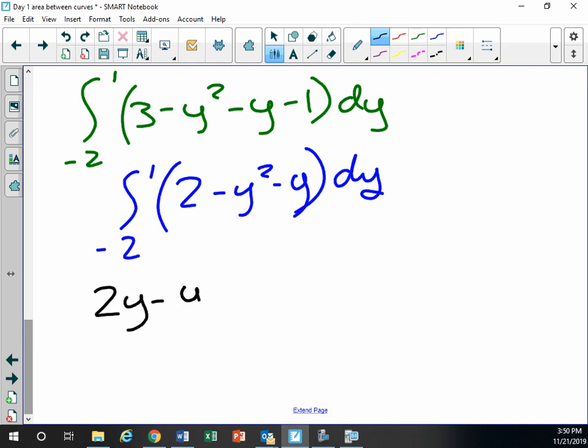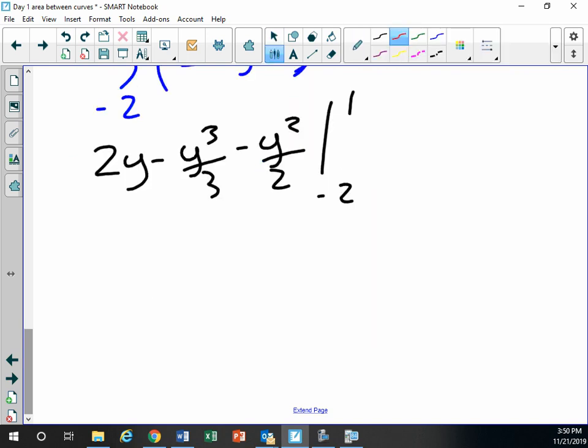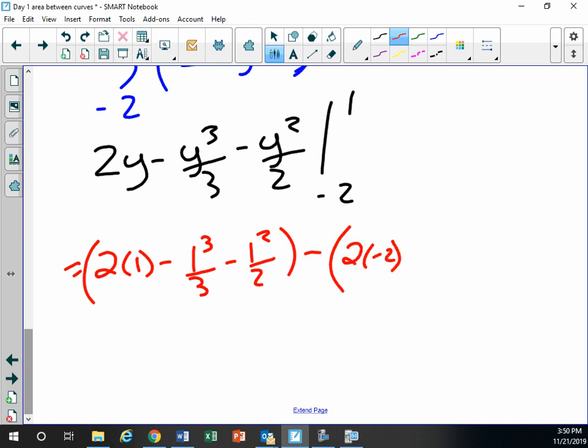That is 2y minus y cubed over 3 minus y squared over 2, evaluated from -2 to 1, which makes this 2 times 1 minus 1 cubed over 3 minus 1 squared over 2, minus 2 times -2 minus -2 cubed over 3 minus -2 squared over 2.